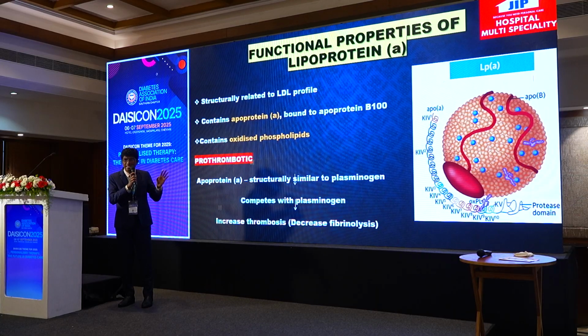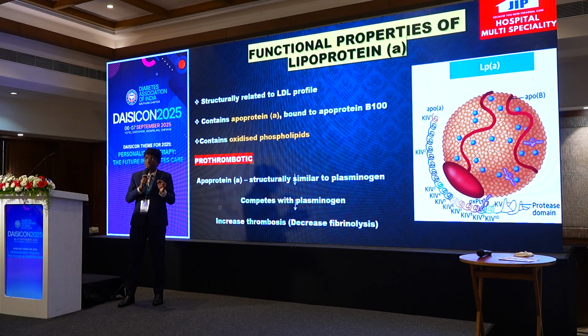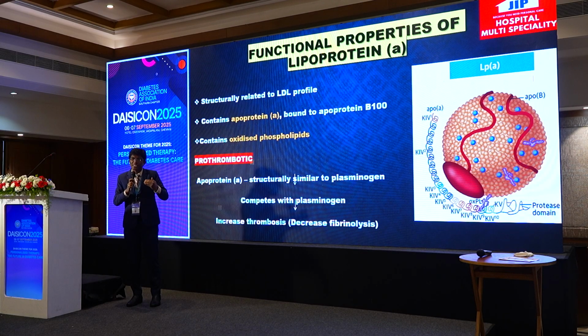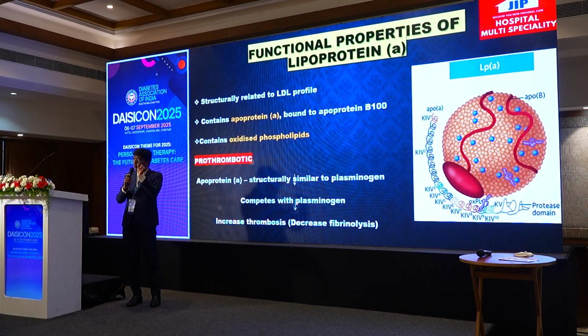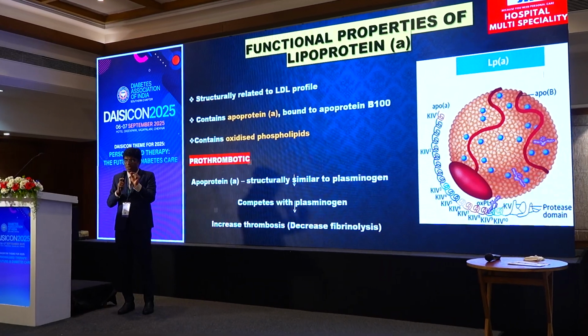How does apoprotein A behave? Basically, apoprotein A mimics plasminogen. So what happens? It interferes with plasminogen attachment over the receptor, resulting in thrombosis, because plasminogen always promotes fibrinolysis, almost thrombolysis. So it interferes with plasminogen because of homologous identity.